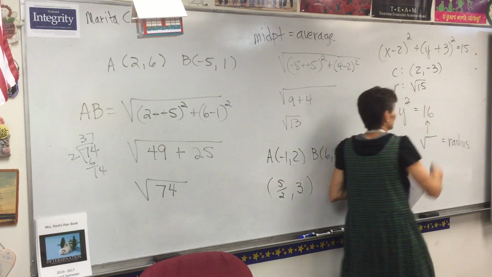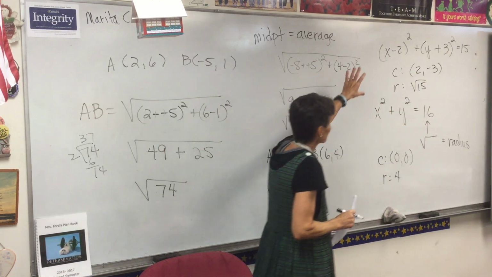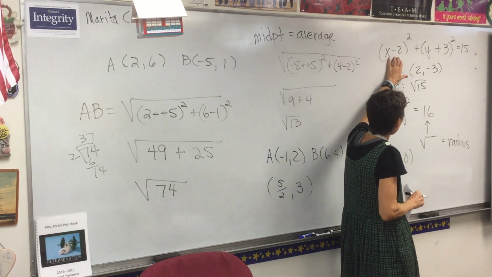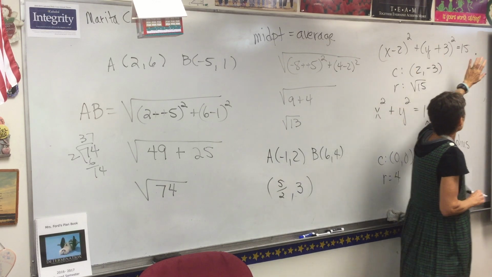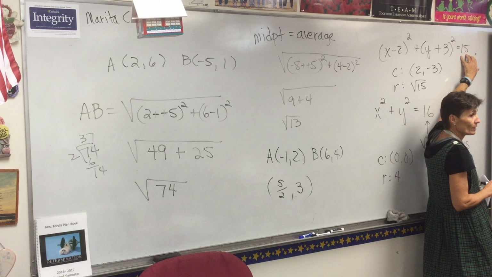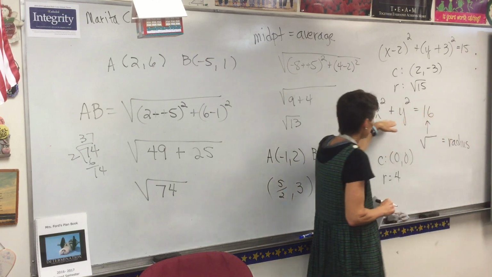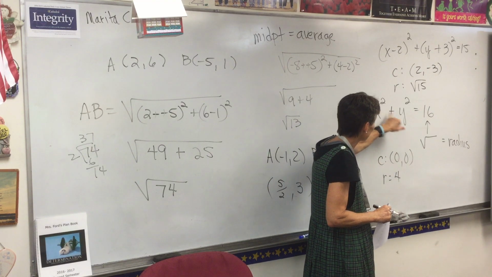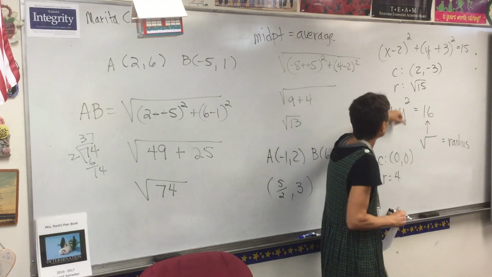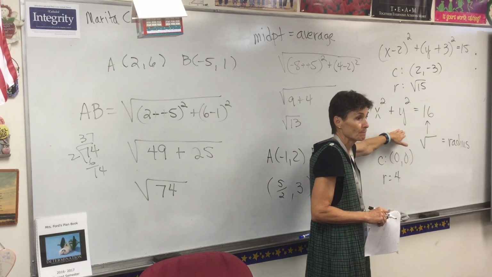Square root of 15. So the center of this circle is at 2, -3, and the radius is the square root of 15. This one, the center was at 0, 0 because you don't have anything added or subtracted here. You don't have these parentheses.